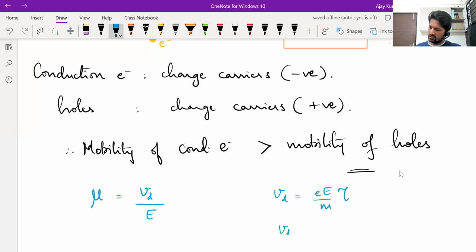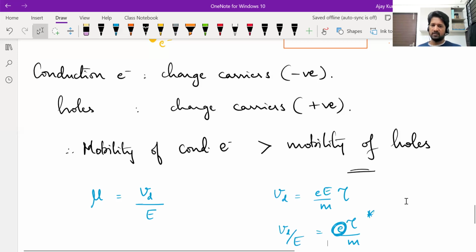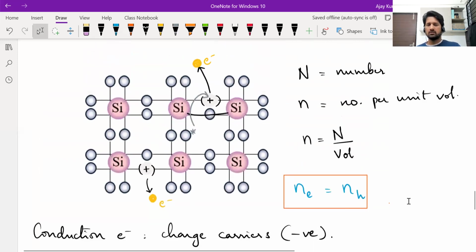So drift velocity per unit electric field is what we call as mobility of electrons. There in current electricity, we only talked about conduction electrons. So this is electron mobility. Right? In semiconductors, along with electrons, holes are also charge carriers. So electrons have a certain amount of mobility. Holes have a certain amount of mobility, but electrons have more mobility compared to holes.